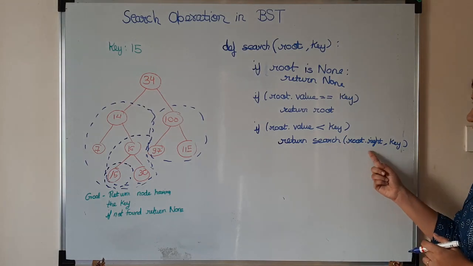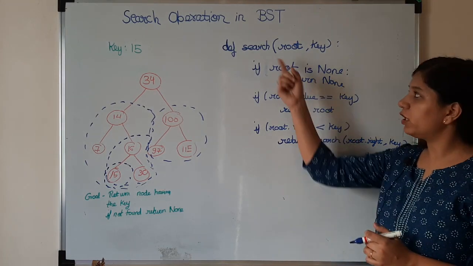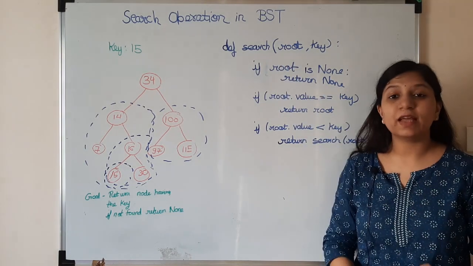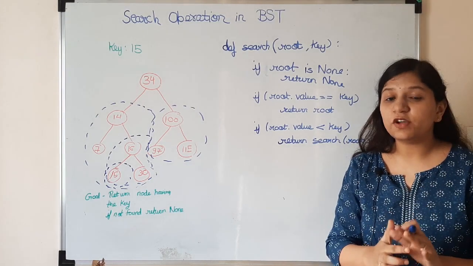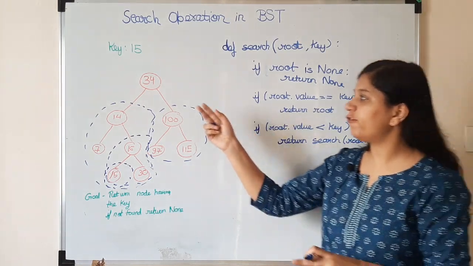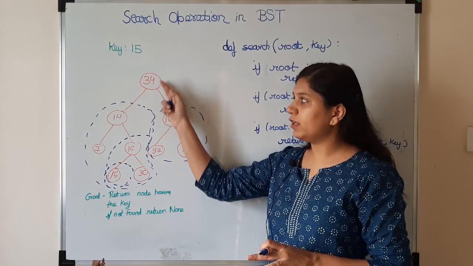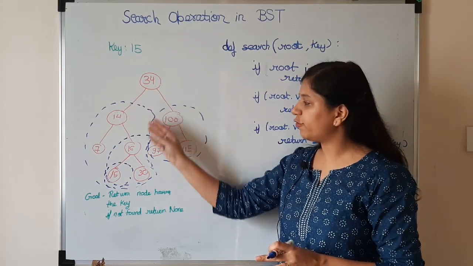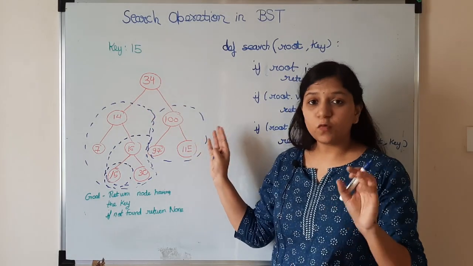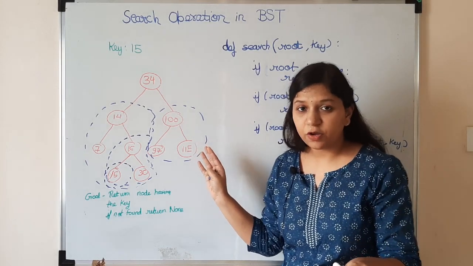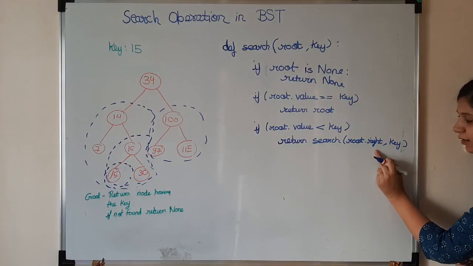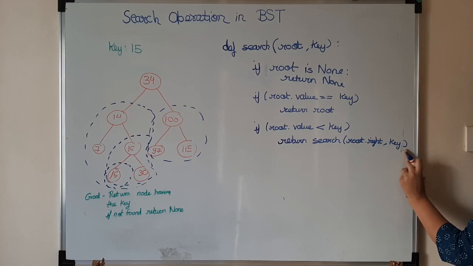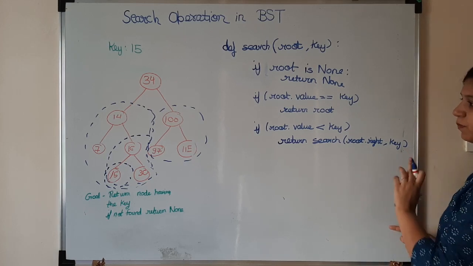Search root.right means I am calling the same method again but with another tree. Which tree is that? It's the right subtree, because we know if key is greater than 34, you will be able to find it in the right subtree. And what is the root node of the right subtree? It's root.right, and the key that I need to search for.